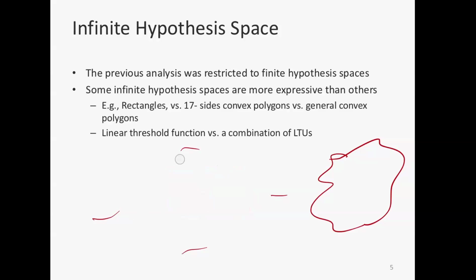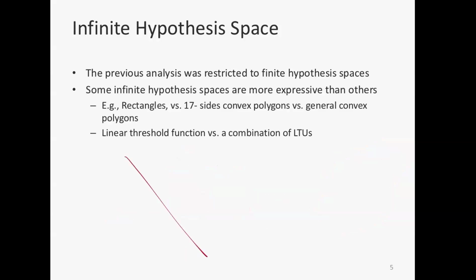Another way of thinking about it is, if you have a linear threshold function, you know that some concepts are not linearly separable. Can you give an example of a concept that's not linearly separable? XOR. So it might look something like this. If I have a plus, a minus, plus, and a minus, you cannot put a line that separates them.